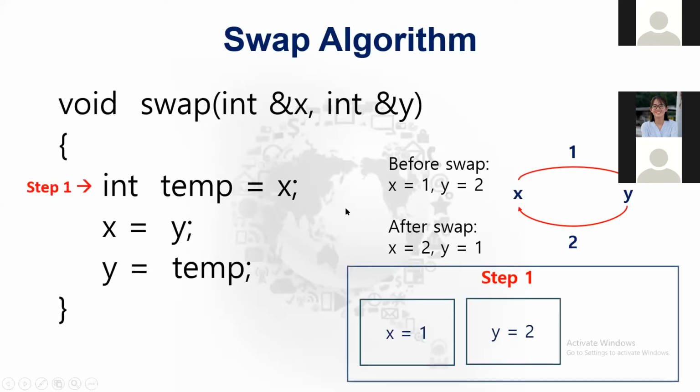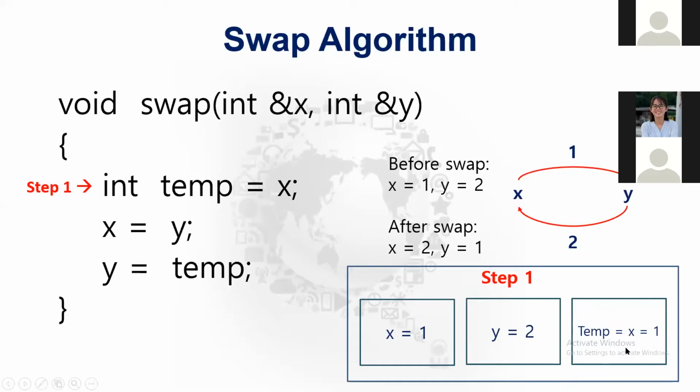So the first step: imagine that x equals 1 and y equals 2. Then we create a new variable that is going to help me store the value of x first, because now I'm trying to replace x with y.